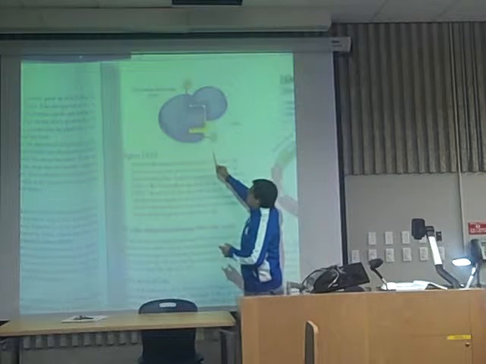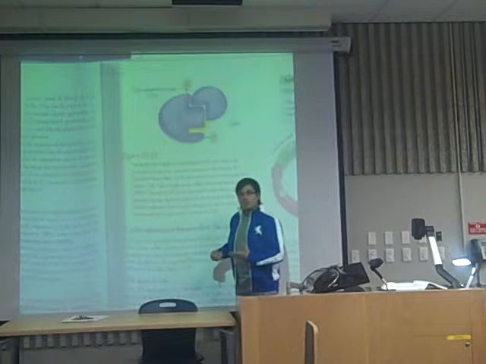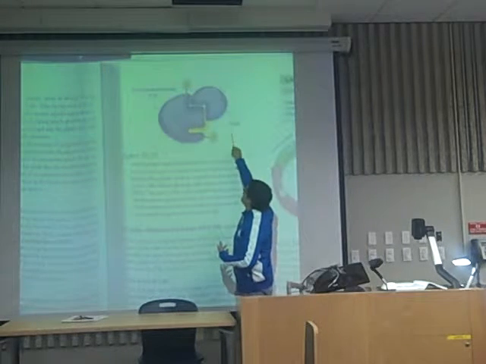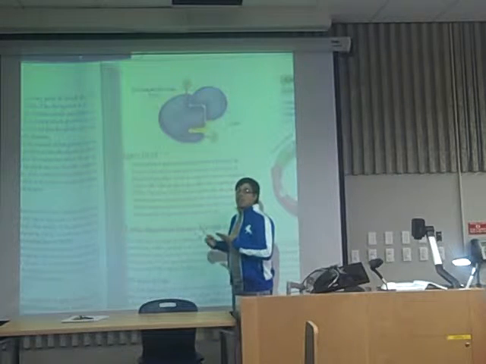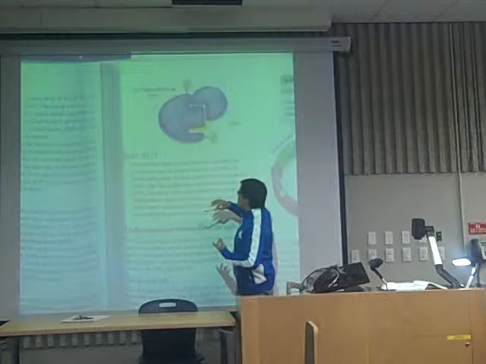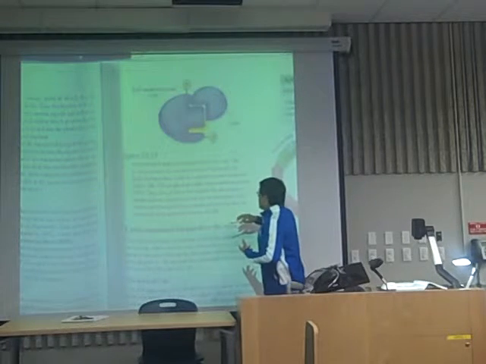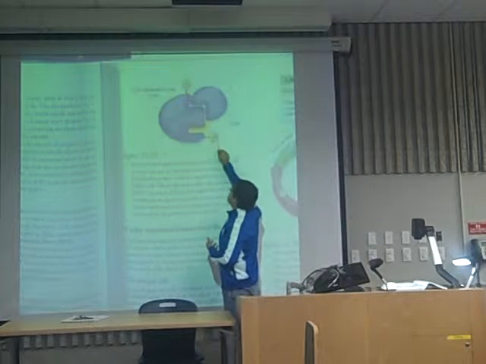So it's called CDK, cyclin-dependent kinase, because it only functions in the presence of cyclin. Okay, without cyclin bound in this complex, the CDK does not function. So the way that it works is, in its activated form, you have this phosphate here actually bound.